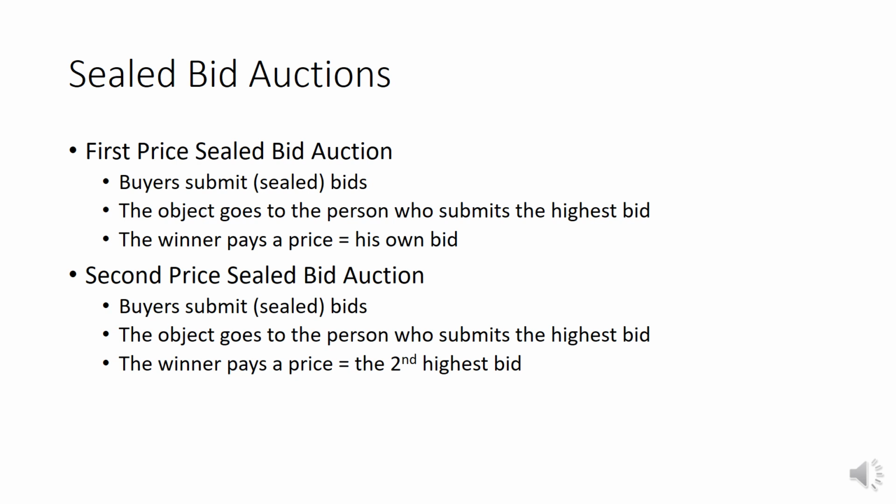In a sealed bid auction, the buyers submit sealed bids. The object goes to the player who submits the highest bid. That's true in a first price sealed bid auction. That's true in a second price sealed bid auction. The difference is whether you're paying your own bid or the second highest bid.